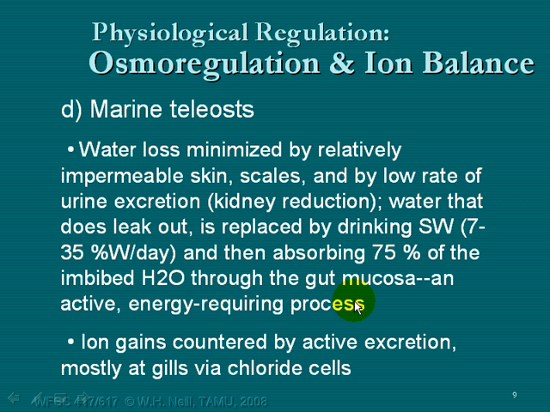So what marine teleosts do is minimize the loss of water and the gain of ions through having the same kind of impermeable skin and scales, or at least similar in function, to freshwater fishes. And they certainly don't want to throw away any water because they're having a hard enough time keeping what they've got. So their kidneys are not designed to produce much urine.